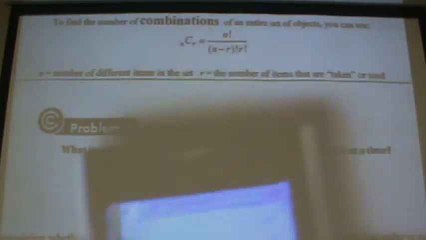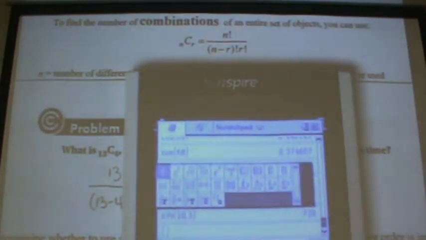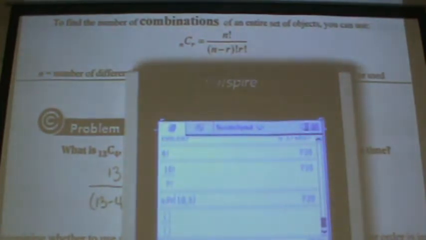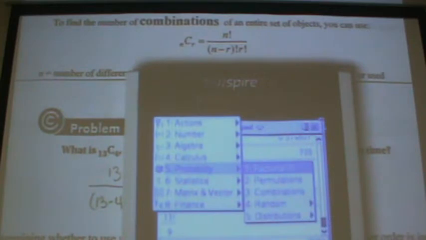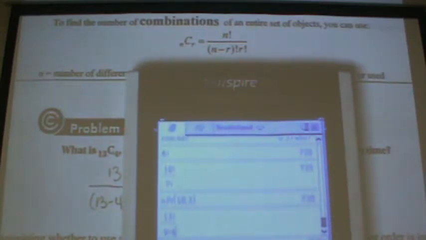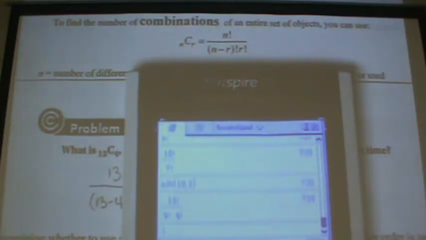So on the Inspire, again, you can hit the fraction, and you'd have 13 factorial, and then you have 9 factorial times 4 factorial, and that gives you your 715.